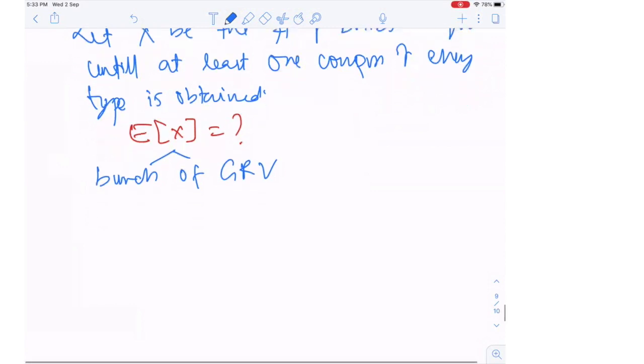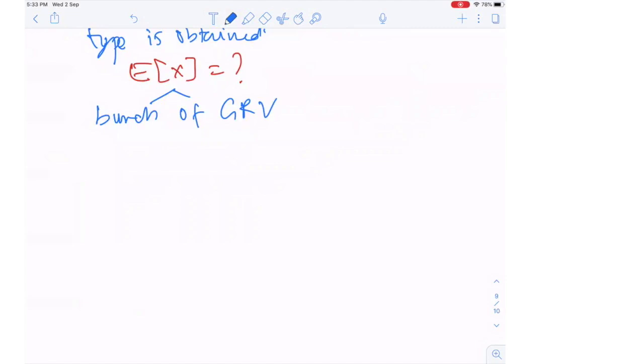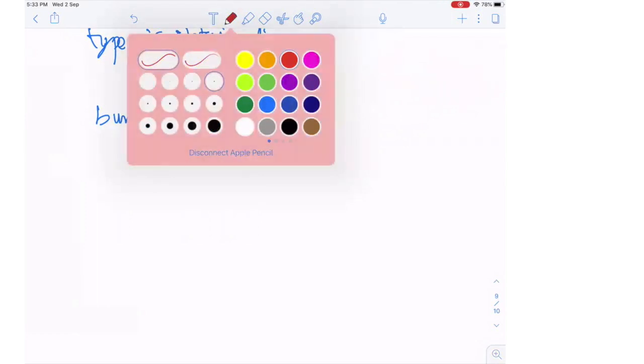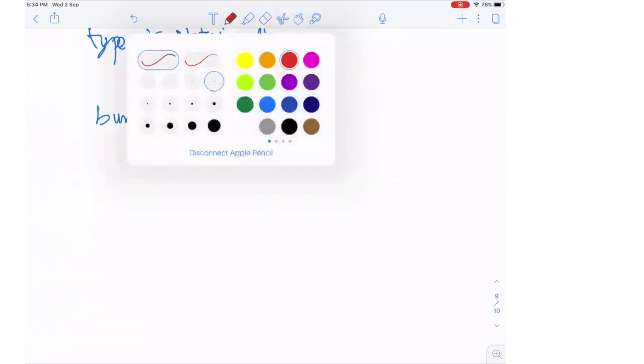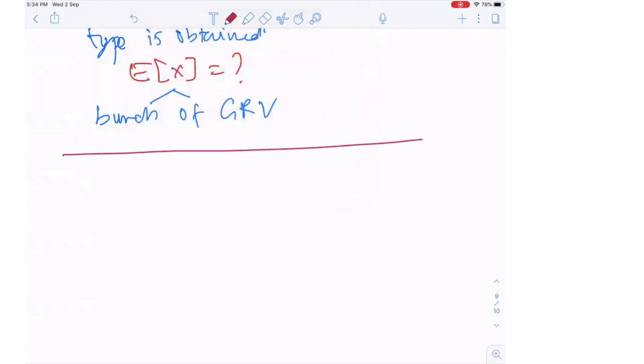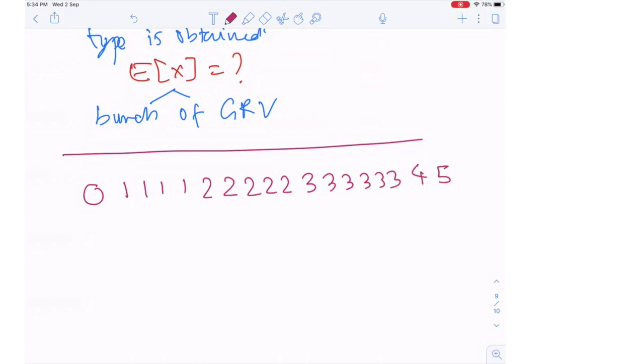Okay, so what are we going to do? We are going to look at the sequence. In the beginning, I have no boxes, so I see 0 coupons. Then I saw 1 coupon. Then I open another one, and suddenly I saw 2. For some time, I either got the first coupon or the second coupon, but still the number of coupons I have is 2. Then I have 3, then maybe 4, and then I was suddenly lucky, I saw 5, and again lucky, I saw 6.